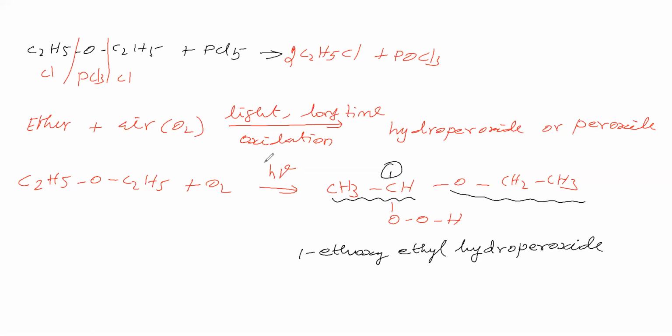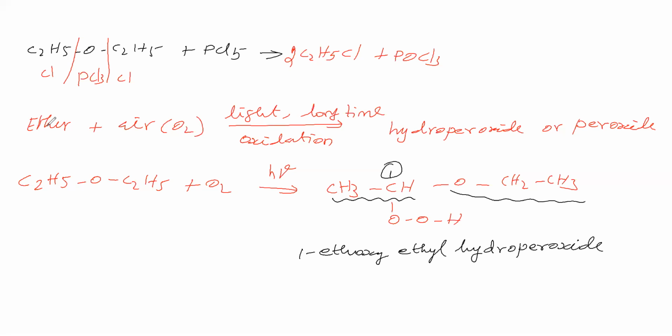Because we are using ether in many cases. In many organic reactions, ether is used as a solvent. For example, Grignard reaction. In the Grignard reaction, ether is the solvent.